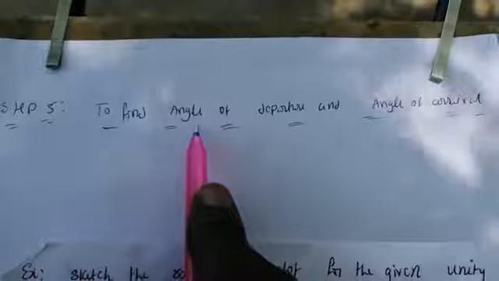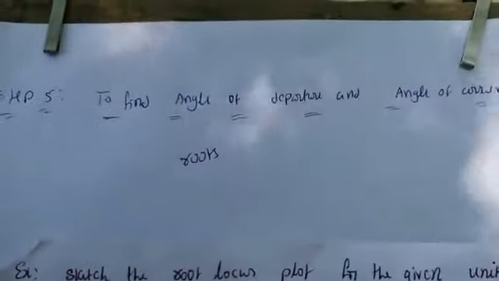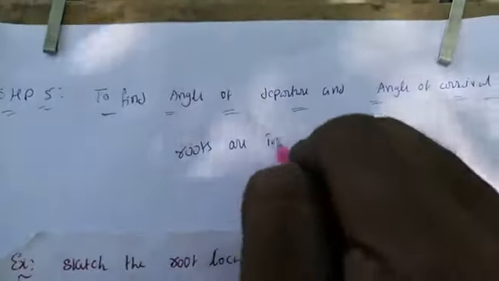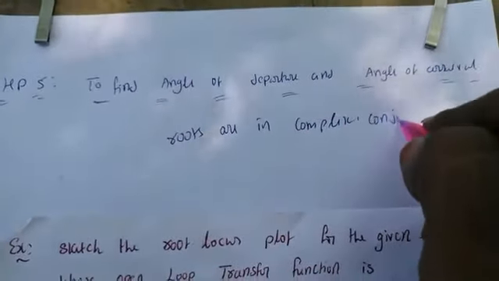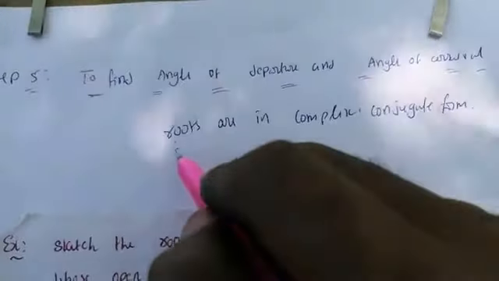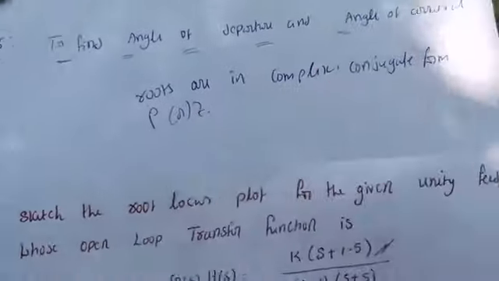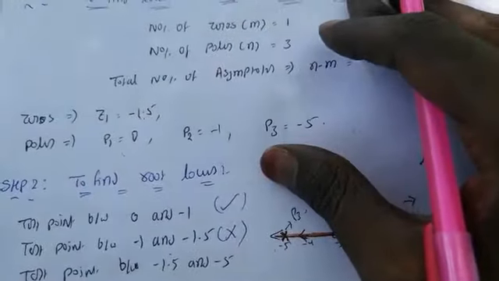To find the angle of departure and angle of arrival, the roots should be in complex conjugate. Roots may be poles or zeros, but in this problem the zeros and poles are all real values.